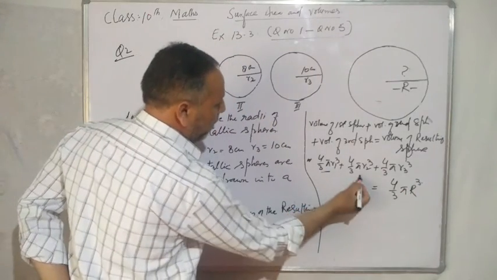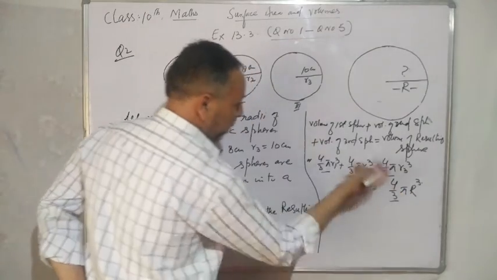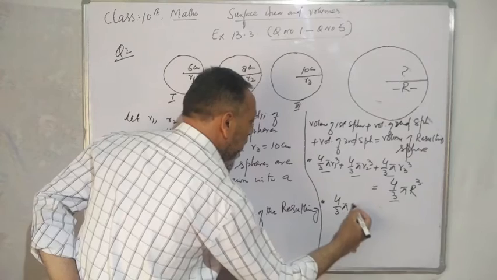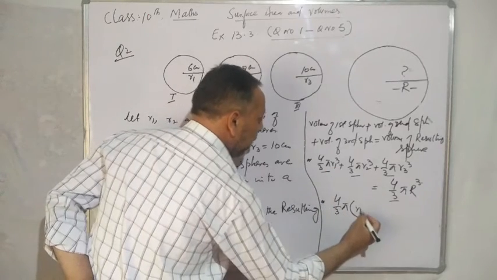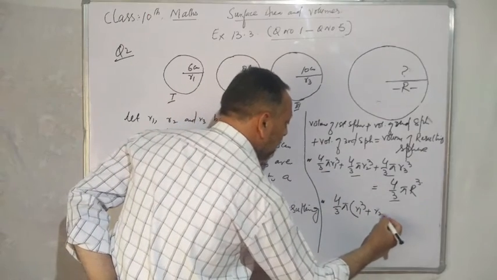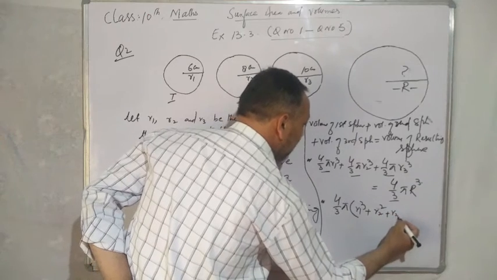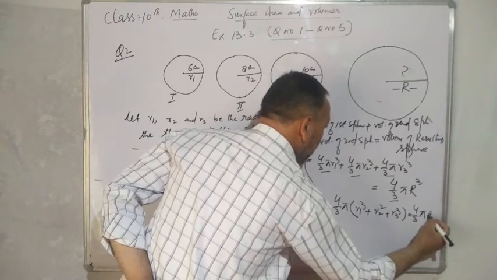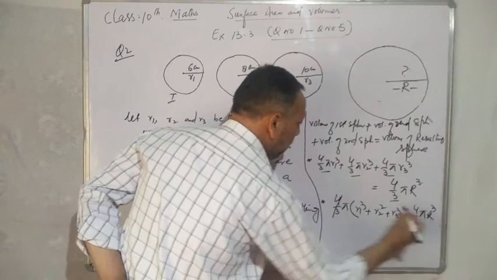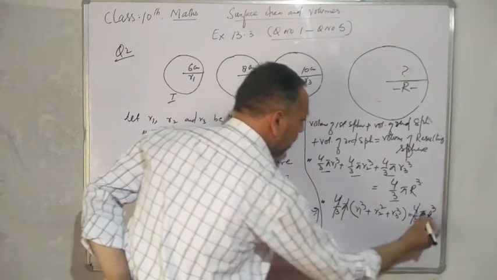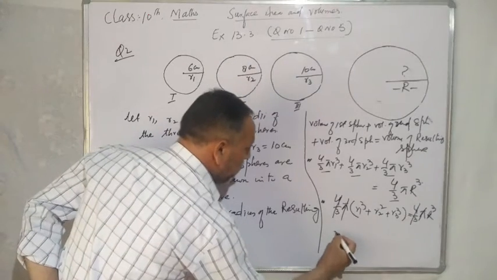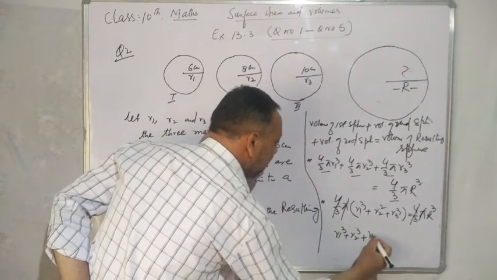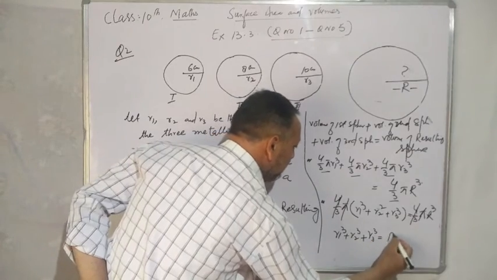Take 4 by 3 pi common. यहाँ बचा मुझे r1 cube plus r2 cube plus r3 cube is equal to 4 by 3 pi r cube. 4 by 3 and 4 by 3 cancel out. Pi and pi cancel out. We have r1 cube plus r2 cube plus r3 cube equal to r cube.